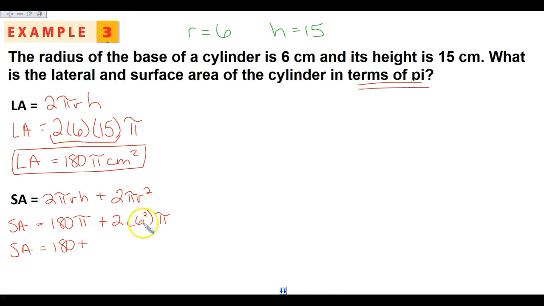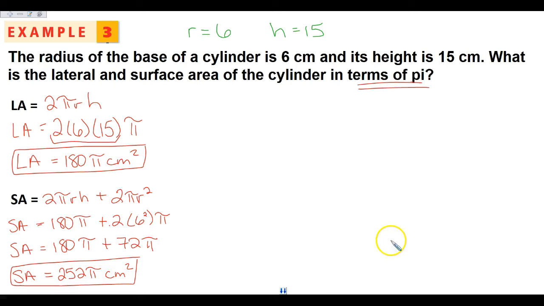Oh, I didn't write pi. Hold on. So 36 times 2 is 72. So this is going to be plus 72 pi over here. So my surface area in terms of pi is going to be 252 pi centimeters squared.